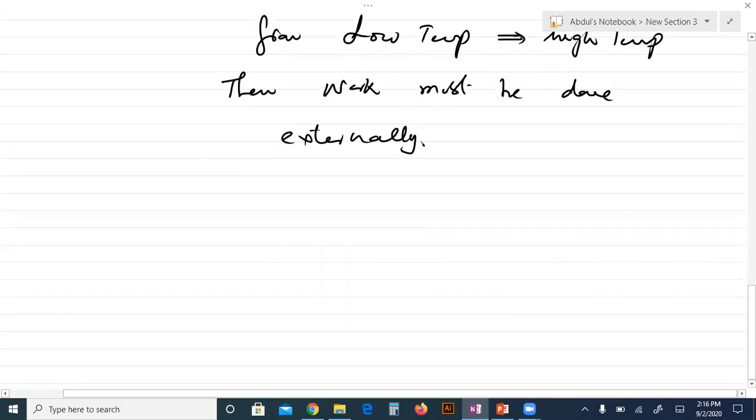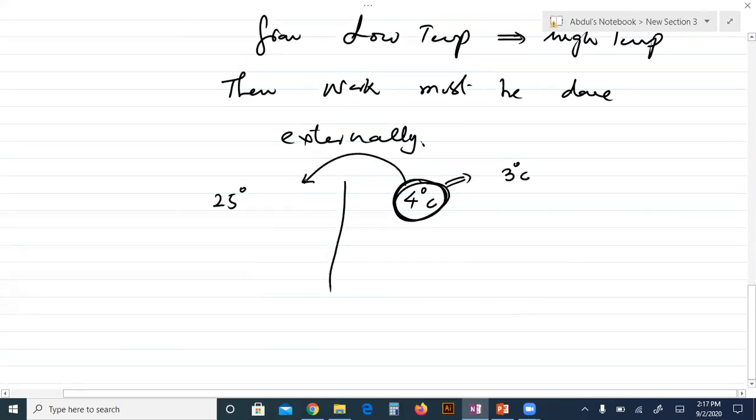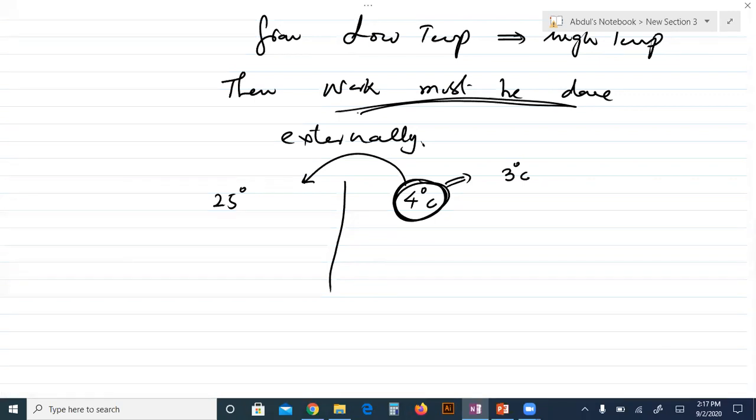Outside the refrigerator, suppose the temperature is 25 degrees Celsius and inside it is 4 degrees Celsius, and the refrigerator is set its thermostat at 3 degree. So the heat is flowing from the 4 degrees Celsius object to the 25 outside. So the work is done, mean the machine is working, the refrigerator is working, and we are paying for it.